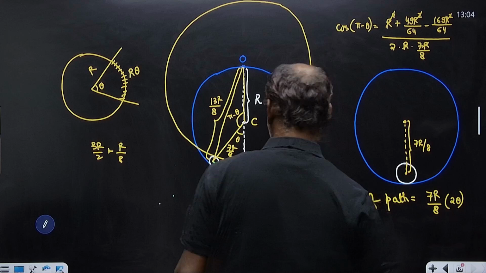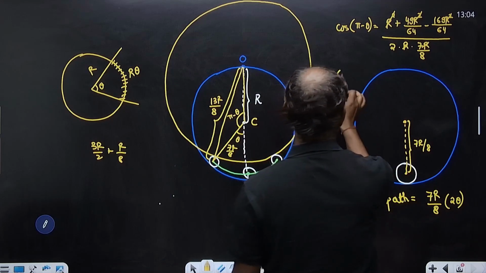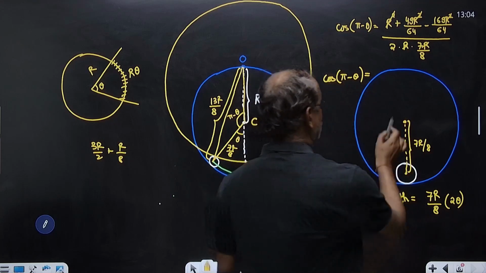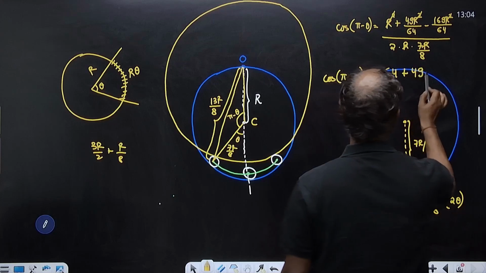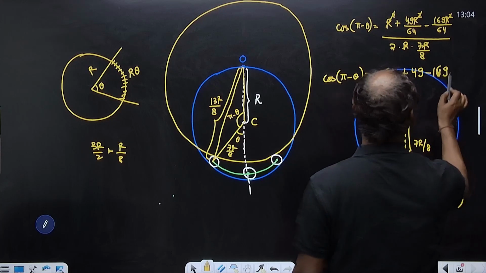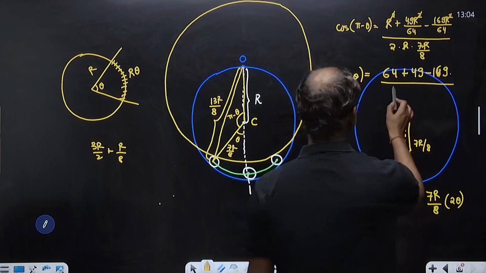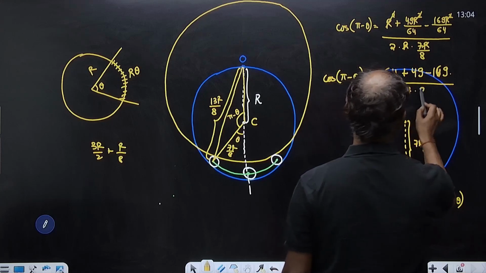Cos of pi minus theta, let me write it here only. It is 64 plus 49 minus 169, upon 2 into 7 into 8.